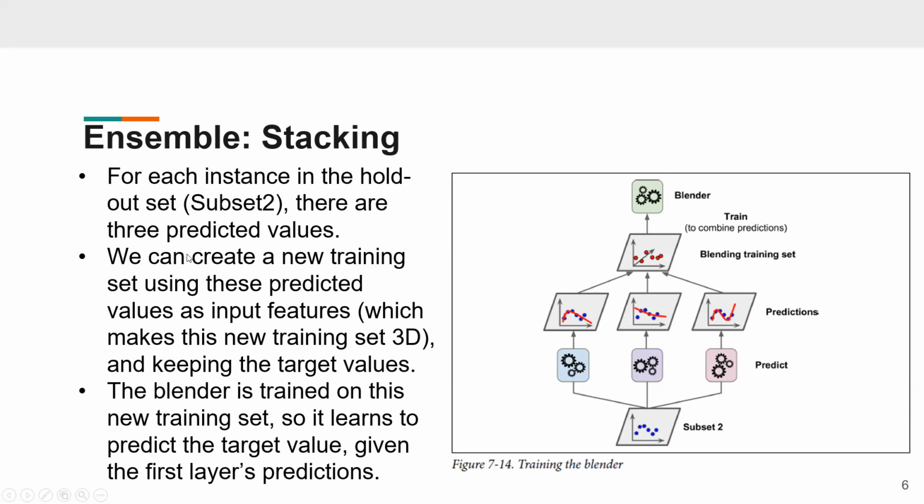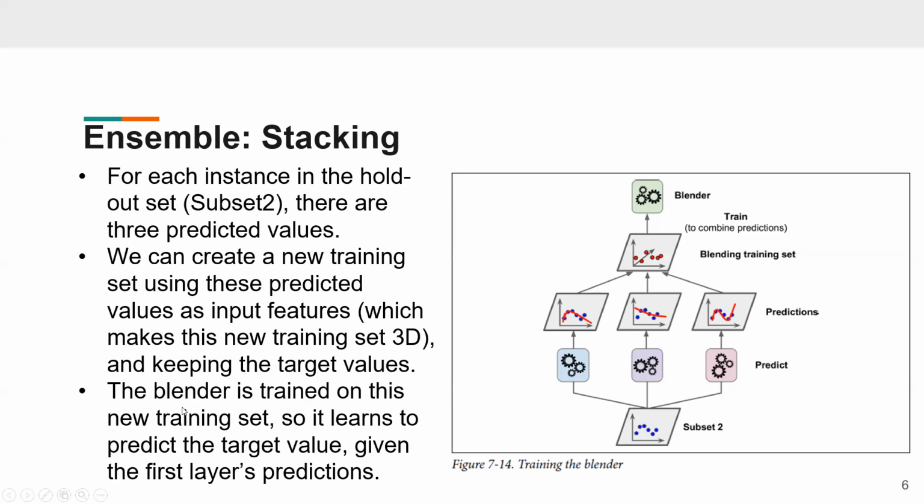So what we do is we create a new training set using these predicted values as input features. This makes the new training set 3-dimensional just because we have 3 different predictors. You could have 5, you could have 10, right? For each individual observation, you would have 3 different predicted values. Of course, for all the observations, it will be 3 times all the observations. So the blender is trained on this new training set.